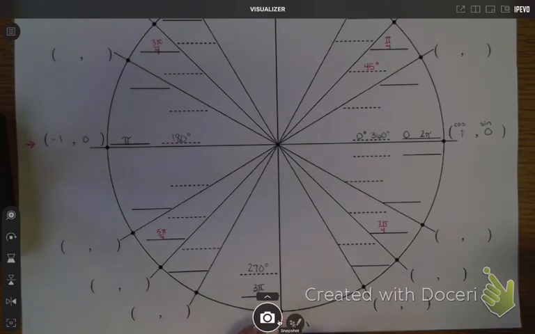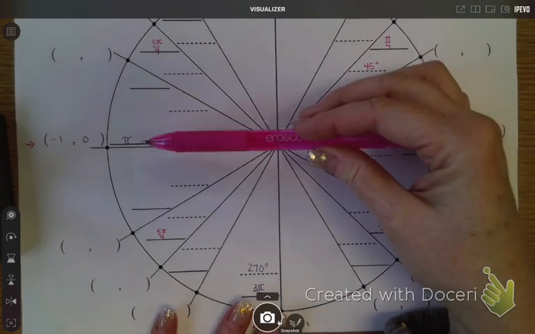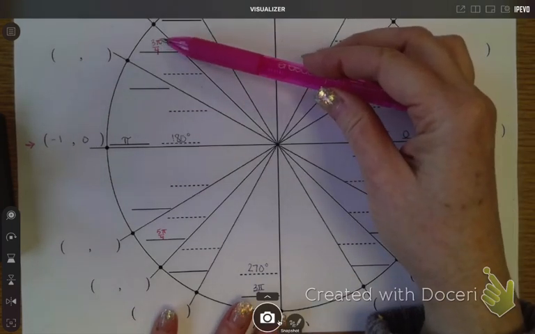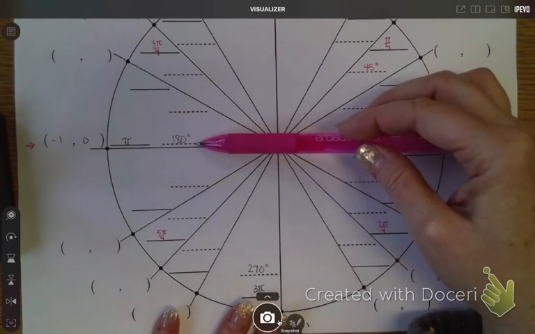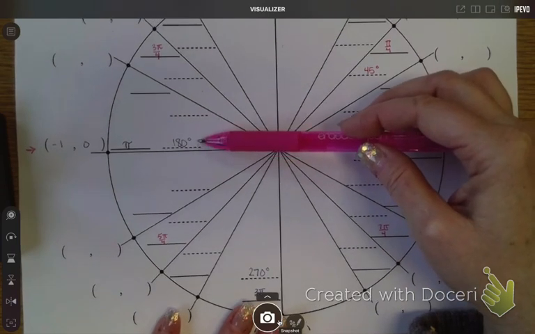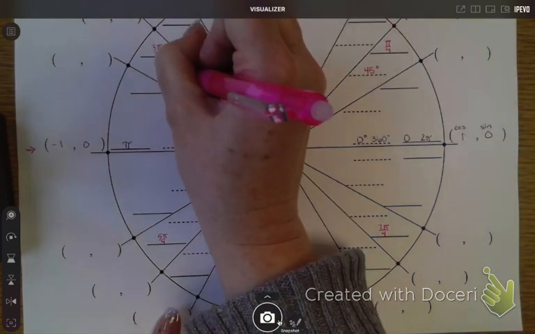Okay, so we need to get the degrees, don't we? Yes. If 3 pi over 4 is 45 degrees less than 180, I just have to take 180 minus 45, which would give me 135.